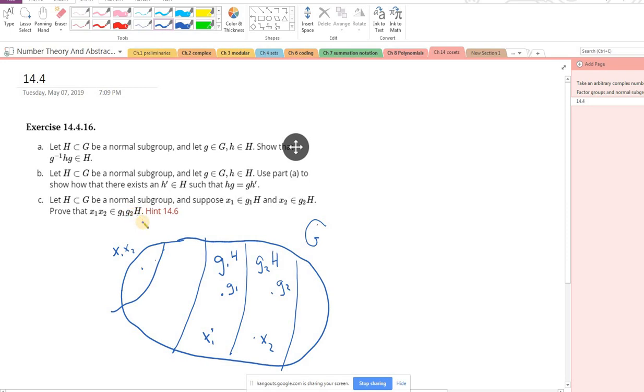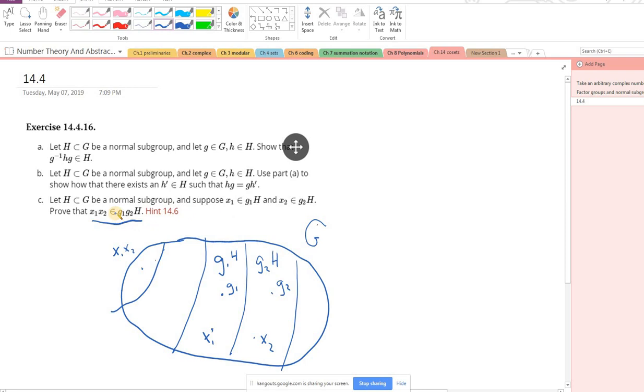Okay, so where must G1, G2 be? If this is true, where must G1, G2 be? The same coset as X1, X2? That's right. If X1, X2 is in G1, G2H, they have to be in the same coset, right?